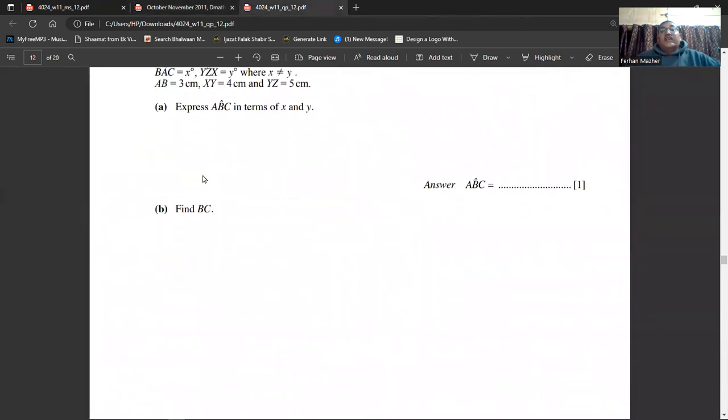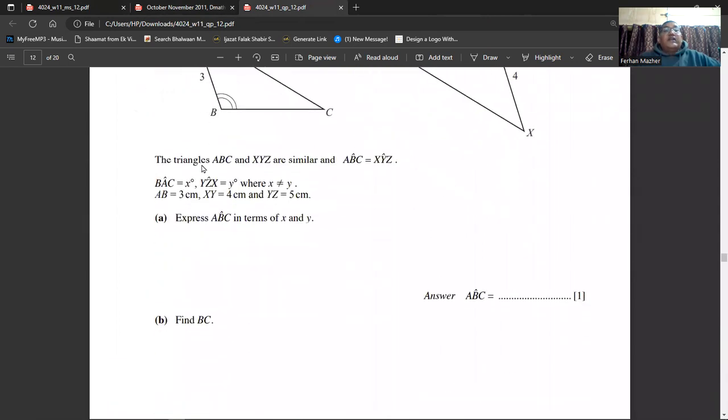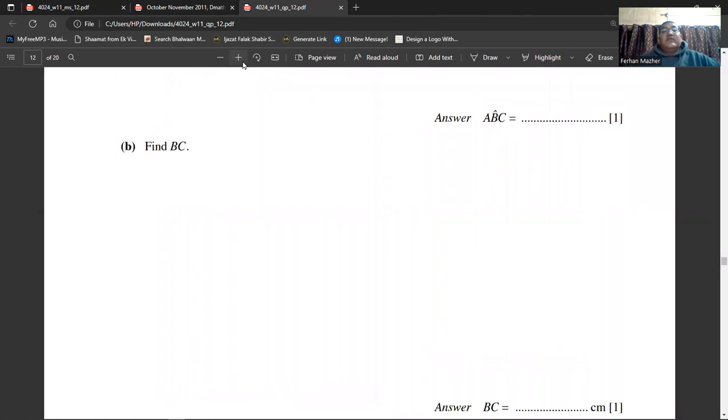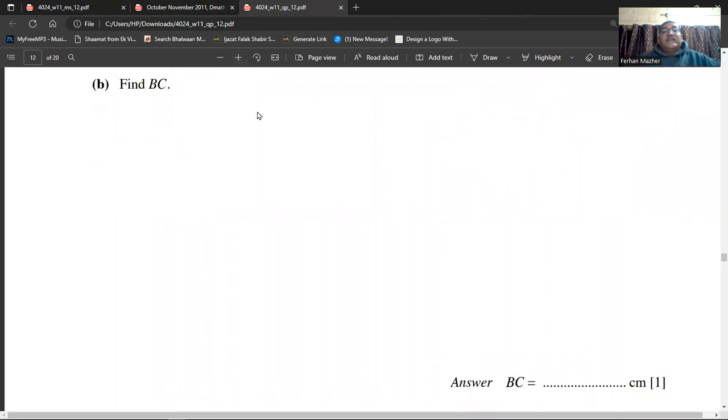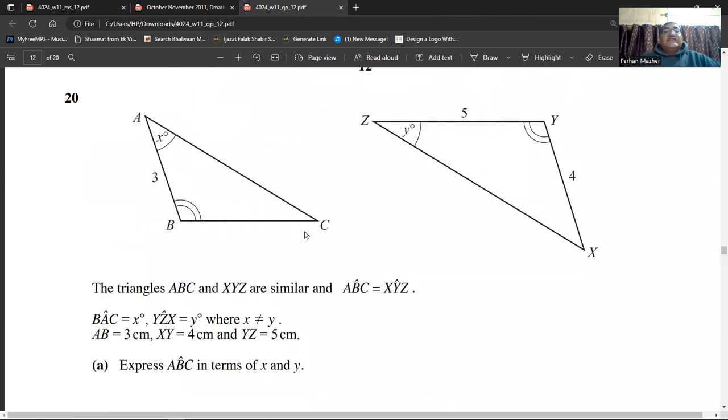Okay, so we are going to the next question, and it's question number 20, B part. He says, find the BC. They want us to find the BC. We can easily find it. AB divided by XY, because they are similar, so the ratio of the sides will be equal to each other.